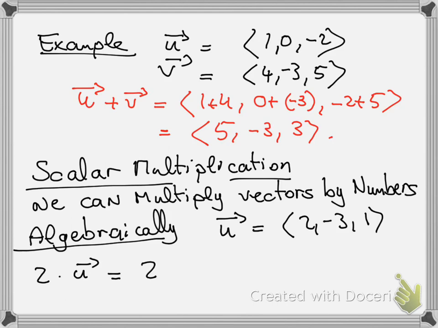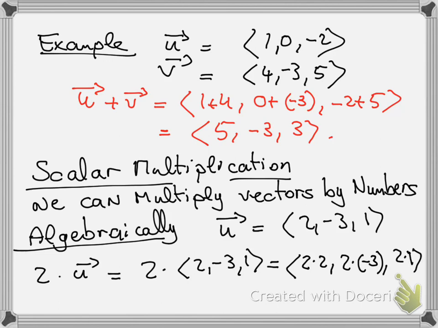So it's 2 times the vector 2, -3, 1. What you do is you just multiply each coordinate by 2. That would be 2 times 2, then 2 times -3, then 2 times 1. So that will be equal to 4, -6, and 2. So you see, you just multiply each coordinate or each component by the number 2. Okay.